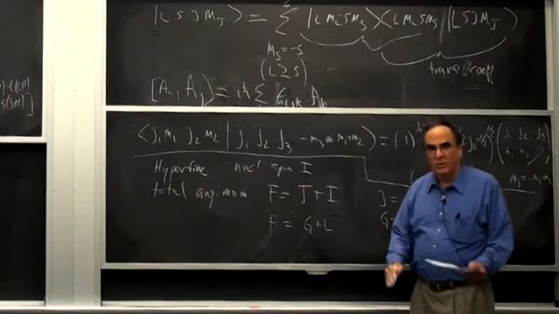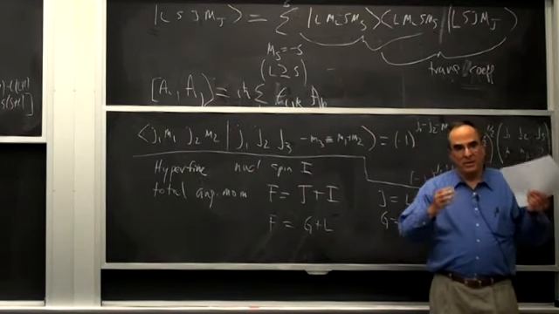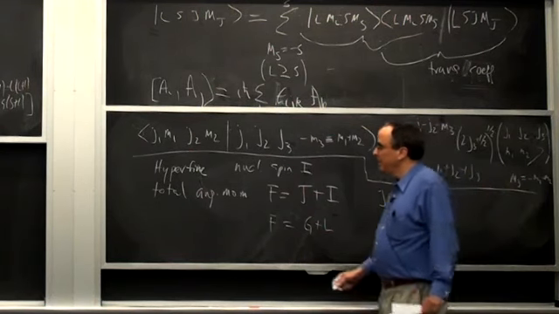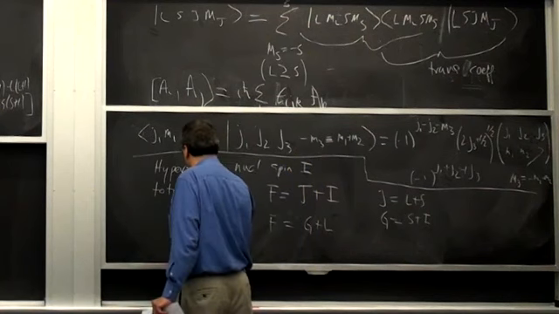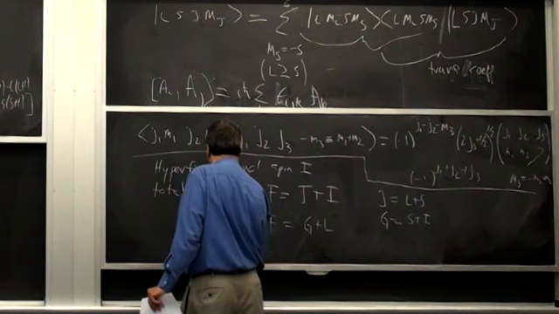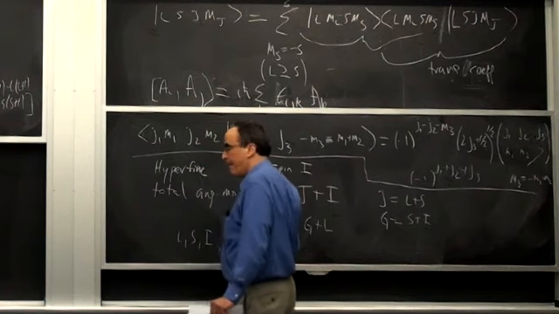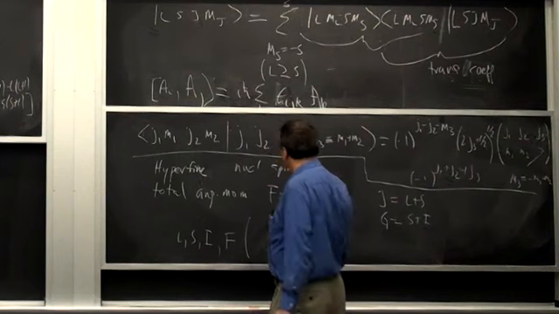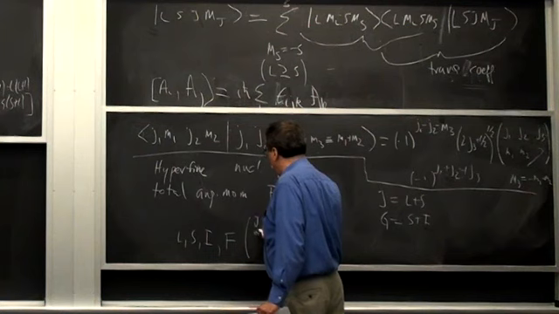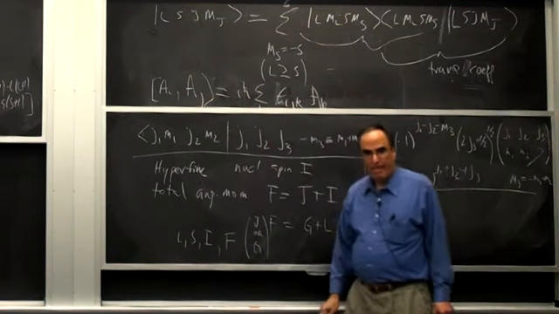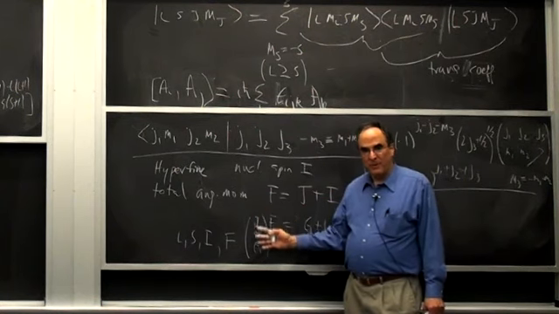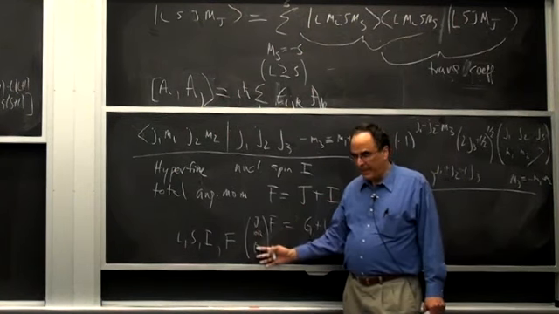And so we might want to transform between 2 basis sets where we have the same values of L, S, I, and F, but different intermediate angular momenta, J or G. So we'd like to be able to transform between these 2 basis sets.